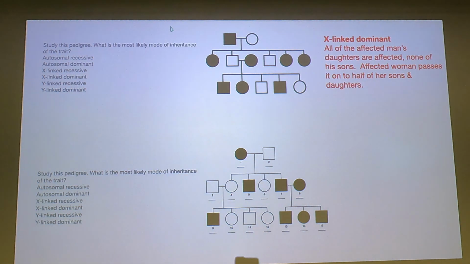Because if the grandma has two of the recessive alleles, she has to pass it on to all of her sons, but the females won't get it because they don't have two of those. Wait, she has to pass it on to all of her sons? Yeah, because they'll get the Y from dad, so they have nothing to oppose that allele from their mother. So all the sons have it.